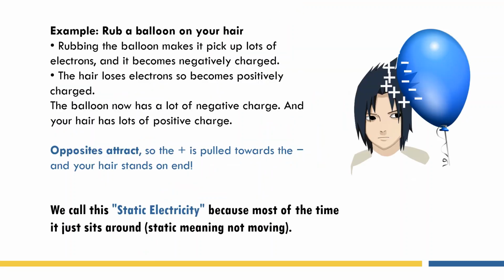What happens after you knock off the electrons? That can happen in real life, for example if you rub a balloon onto your hair. After a while, when you try to take the balloon away from your hair, your hair tries to go with the balloon and sticks to it.